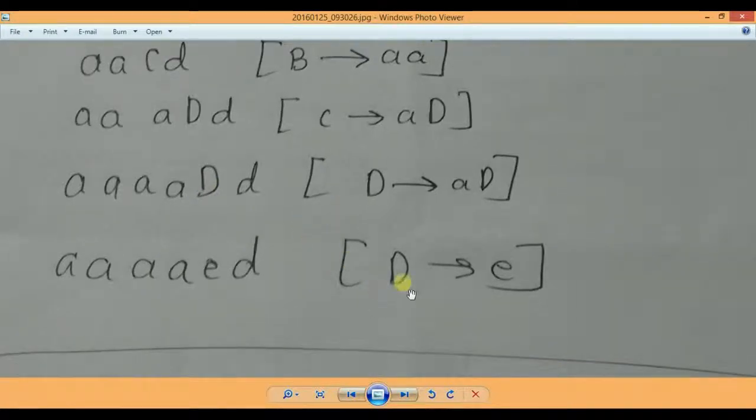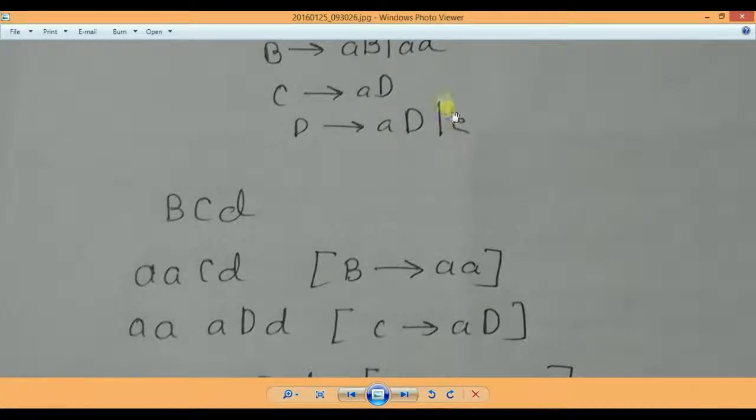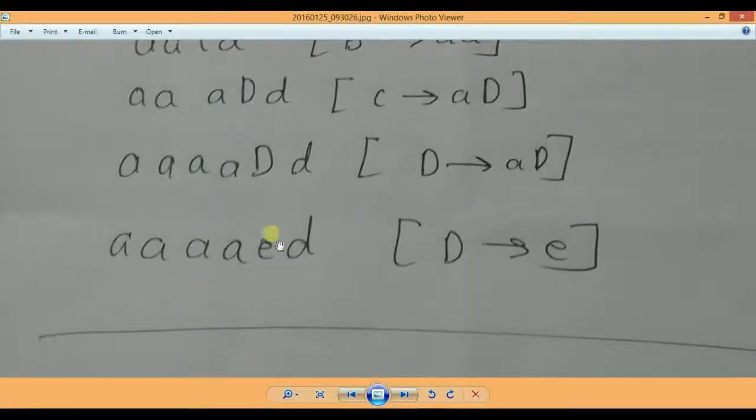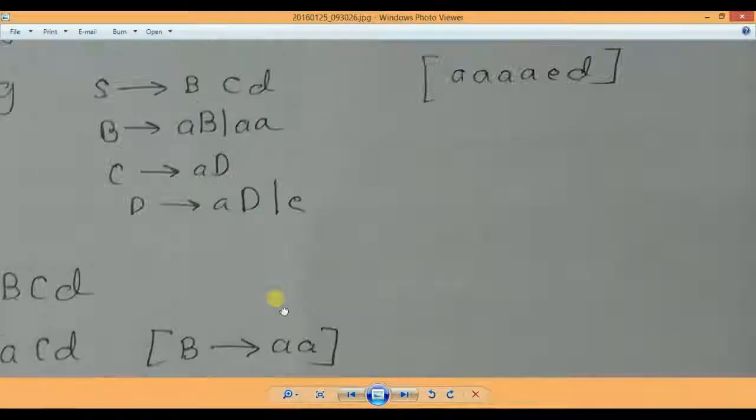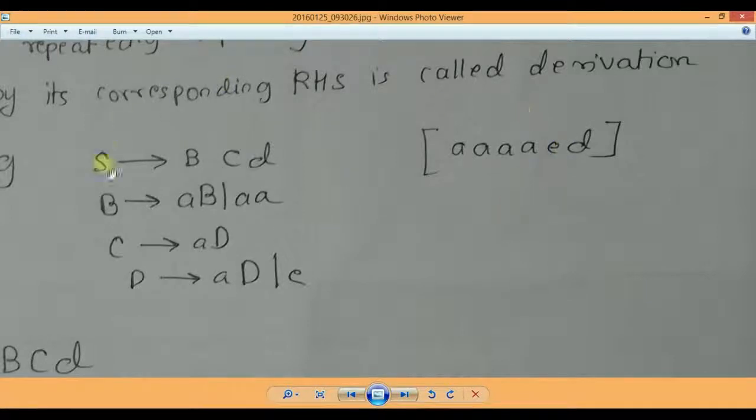Now I am replacing capital D with small e. I can do this because the pipe symbol means or; it can be small a capital D or it can be e. So it becomes aed. So as we can see, we have reached this sentence from this starting symbol following these production rules.